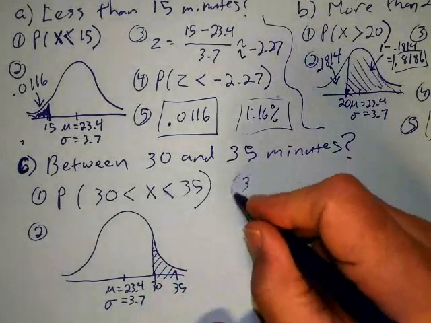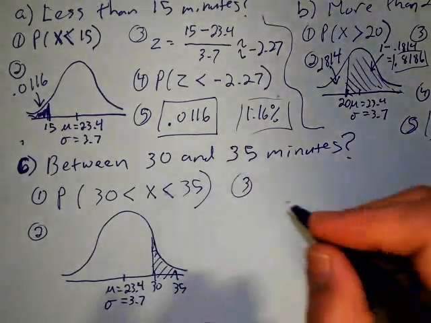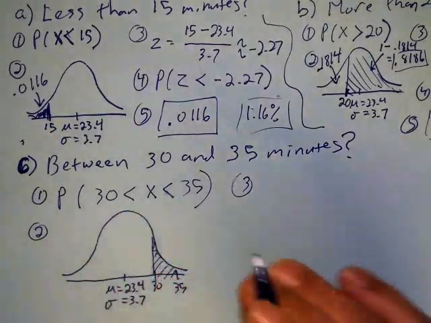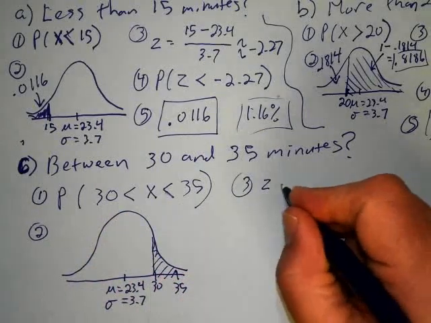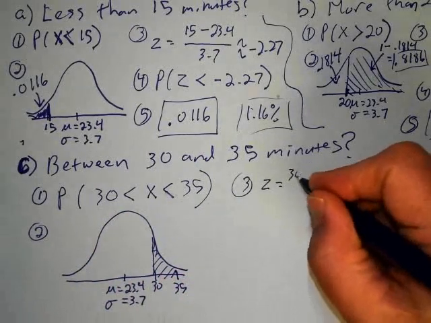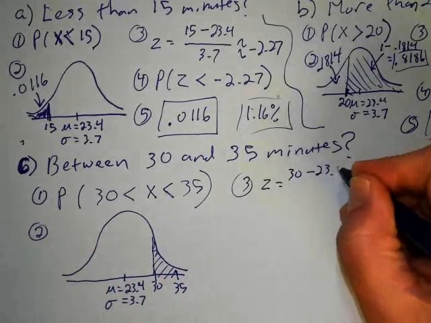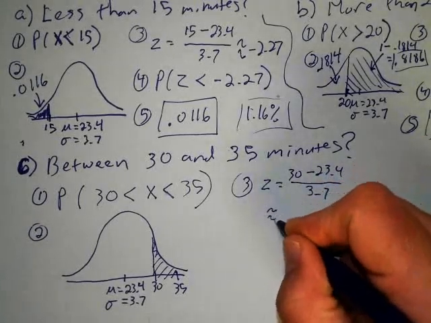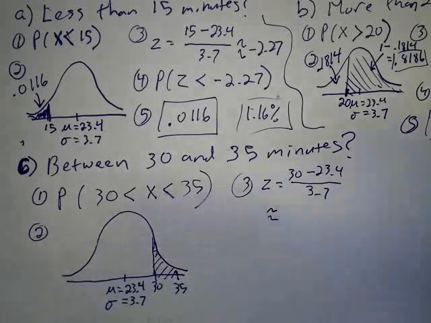Now the third step, I have to calculate the z-scores. For this, I need to convert both of these into their corresponding z-scores, so I'll have to use the formula twice. 30 minus 23.4 divided by 3.7.